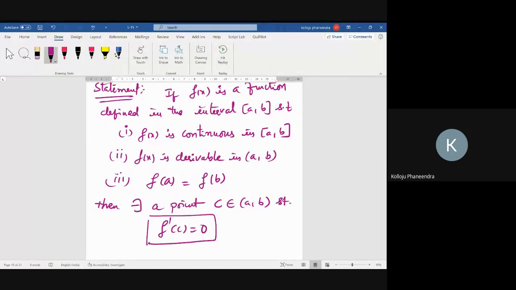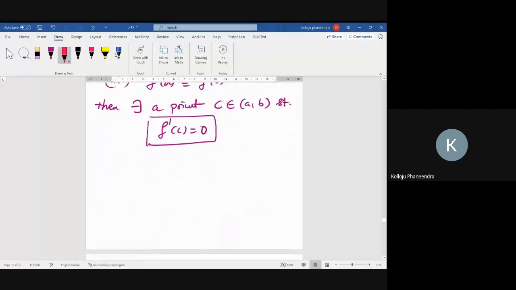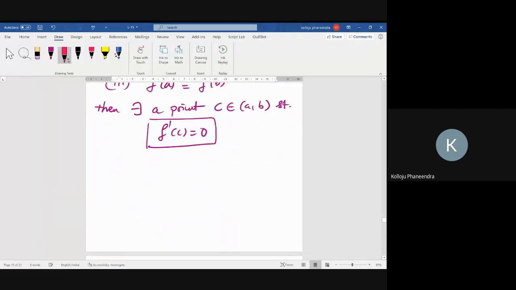And in this one, the terminology is one by one. First one, continuous in the closed interval a, b. What is the meaning of continuous? In simple language, f of x is continuous in the closed interval a, b means f of x is defined.